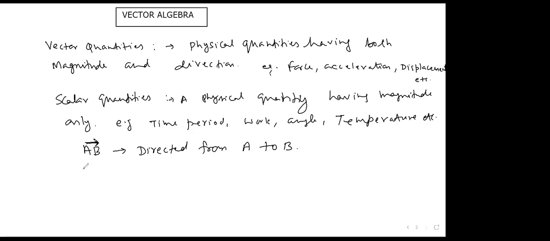So AB vector is OB vector minus OA vector, which is the position vector of B minus the position vector of A.